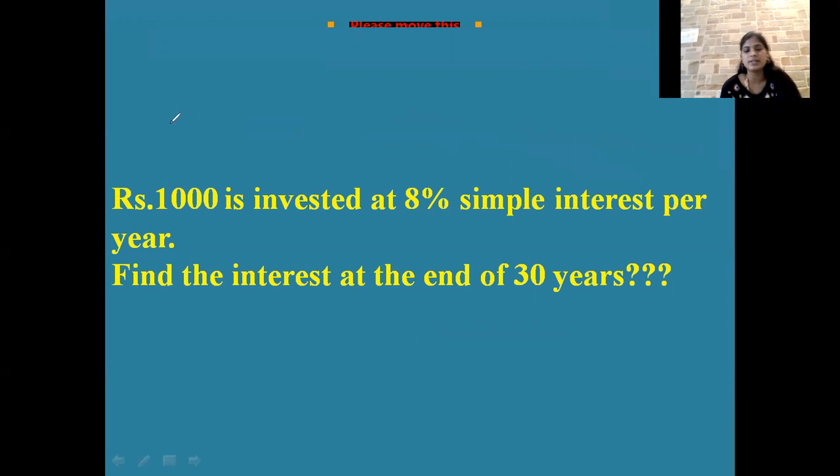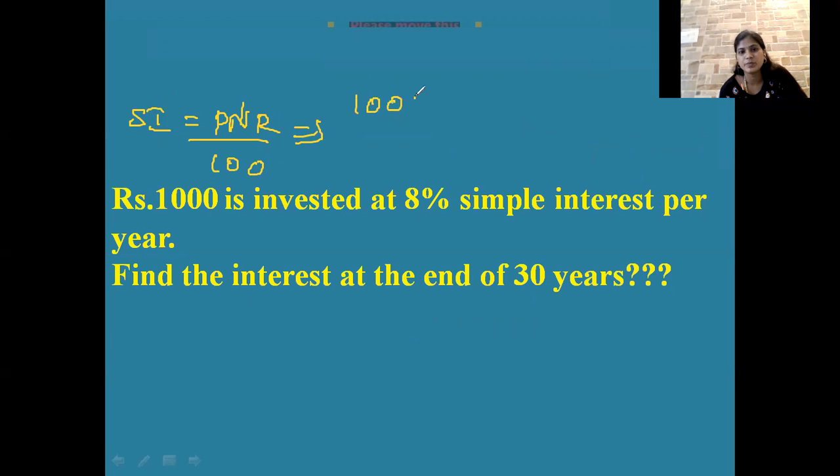If you do that, it's going to be PNR by 100. I know you are familiar with this PNR by 100 formula. P is the principal amount, which is 1000, and N is the number of years. If you're calculating it for the first year, you have to assume N is 1 and R is 8 upon 100.